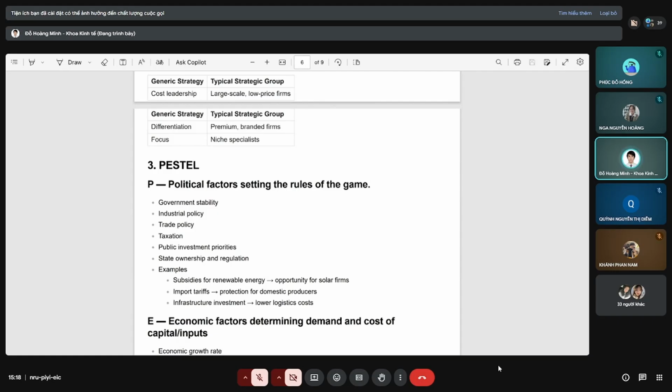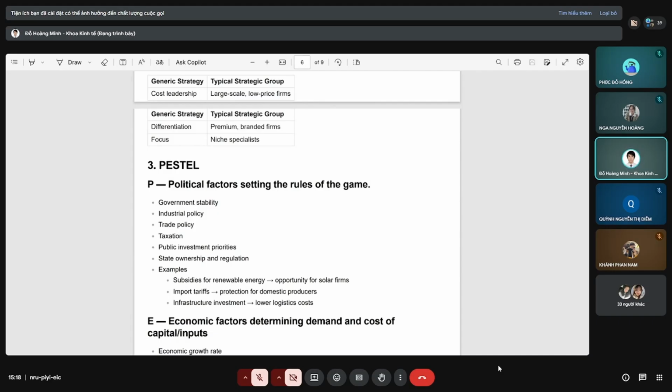Because every industry is a part of the whole economy, and every industry is under the influence of the macro factors. The 5 forces model answers what the competitive pressure is, and the PESTO model answers what external conditions shape the pressure.